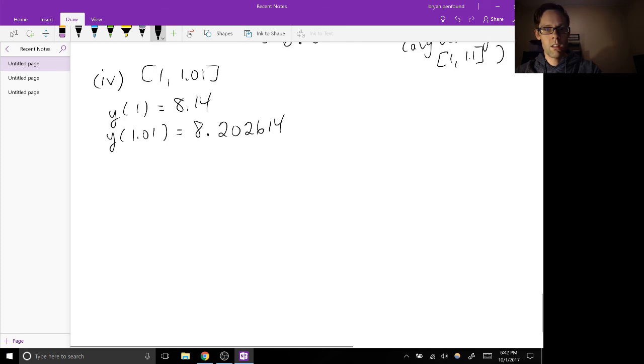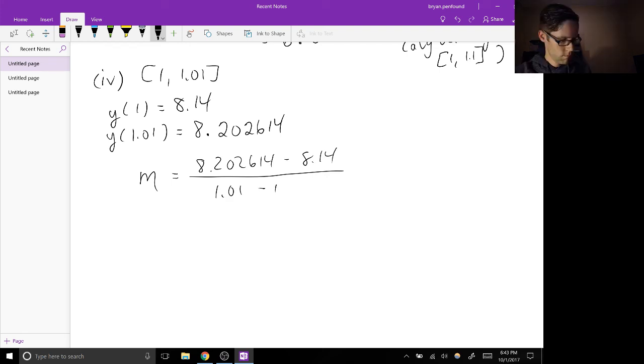Again, we want to use these two values to get at the slope of our secant line. I'm going to subtract our two y values and divide by the difference of our x values. In the numerator I get 0.062614, and the denominator is 0.01.